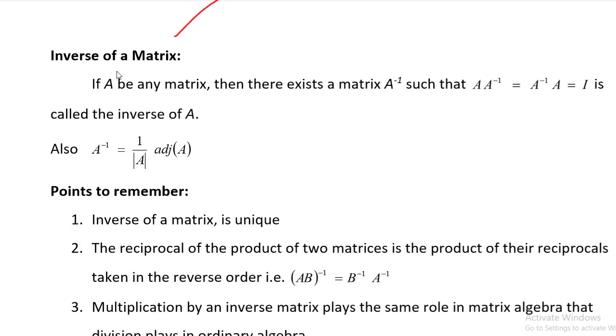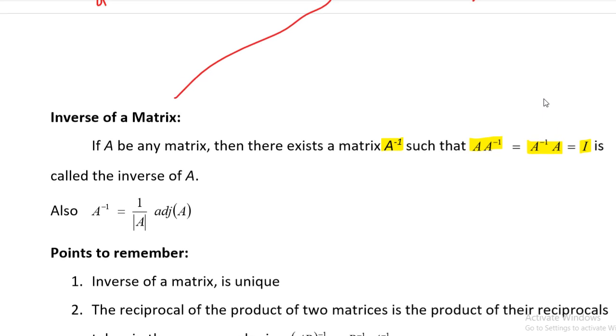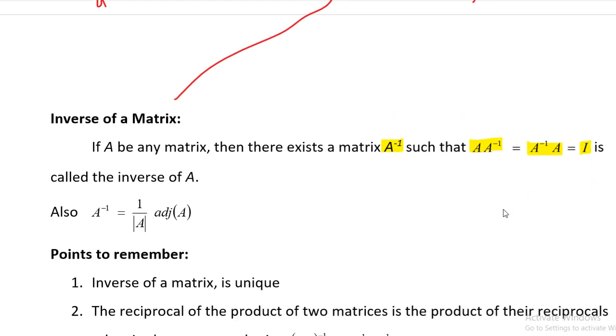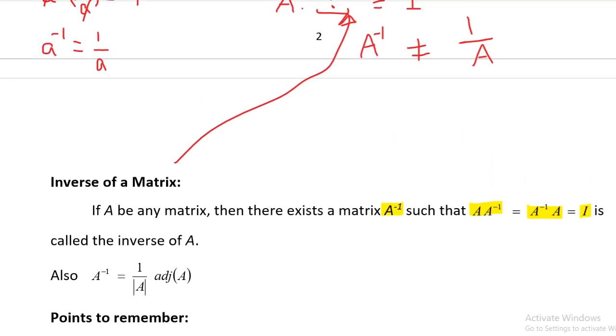It is very simple. If A is any matrix, then there exists an A inverse such that when we multiply A with A inverse, it gives me the identity, or A inverse with A also gives me the identity. It means if you change the order, it doesn't matter. In matrices, changing the order usually matters: A into B is not equal to B into A. From the last lecture, you remember multiplication of matrices is not commutative.